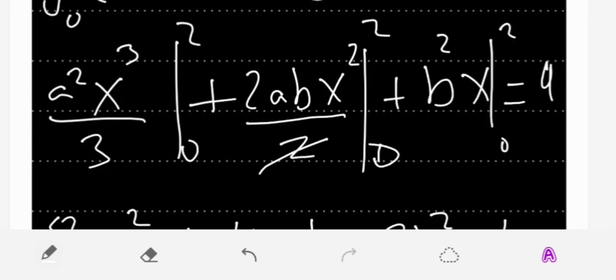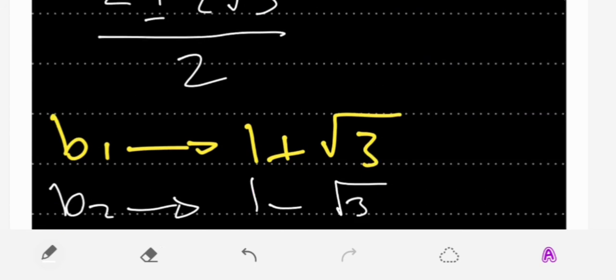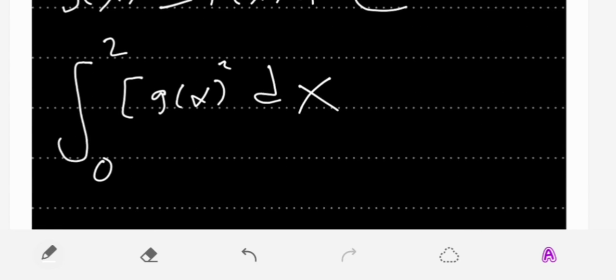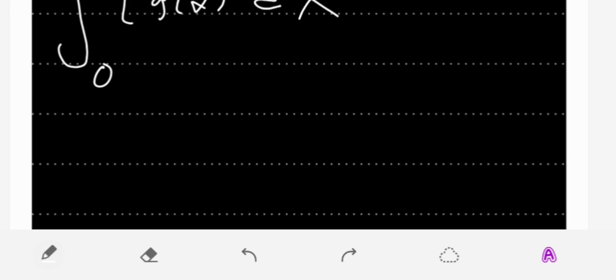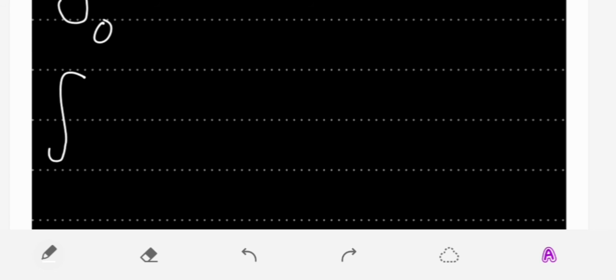Yes, the minimum of the integral. Okay, so as we did in f of x, when we said that f of x is ax plus b, let's do the same over here for g of x.